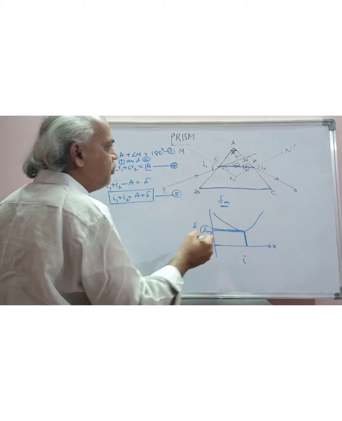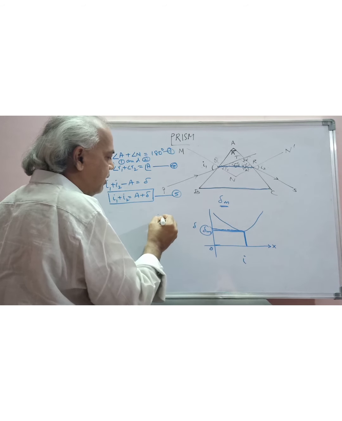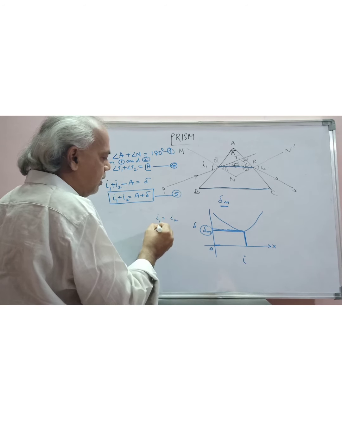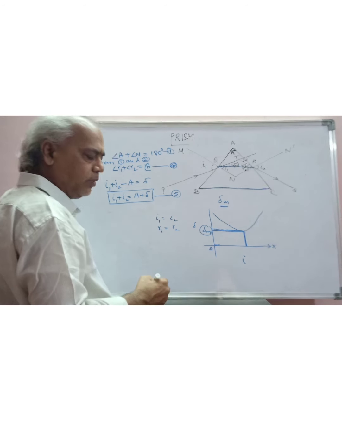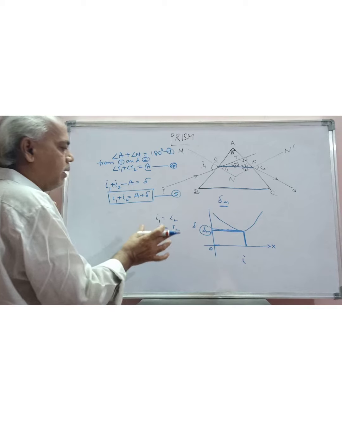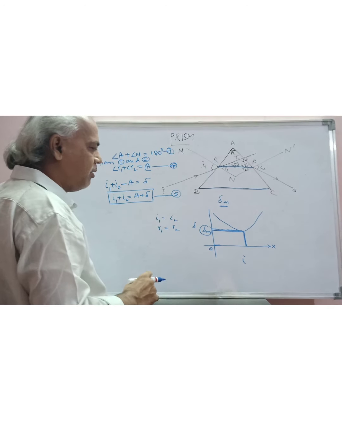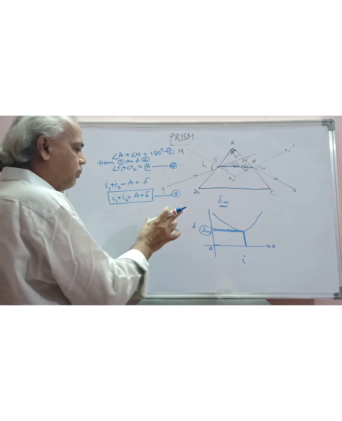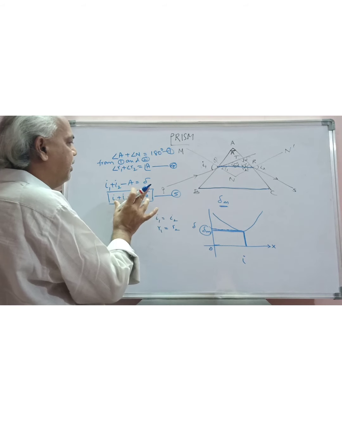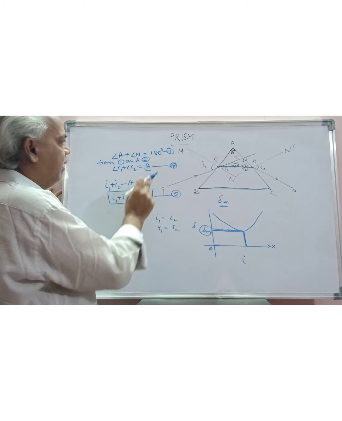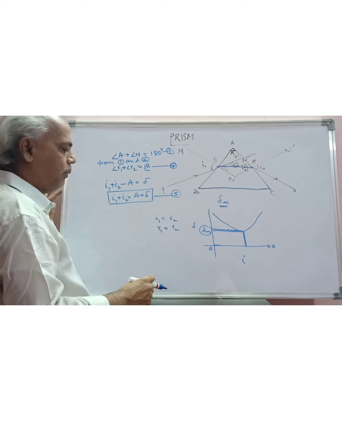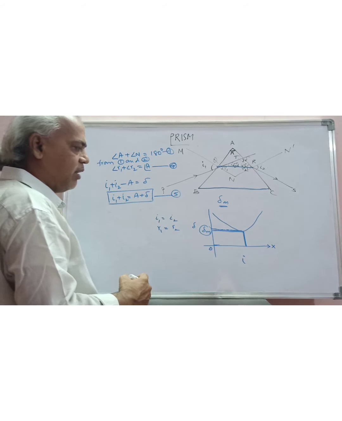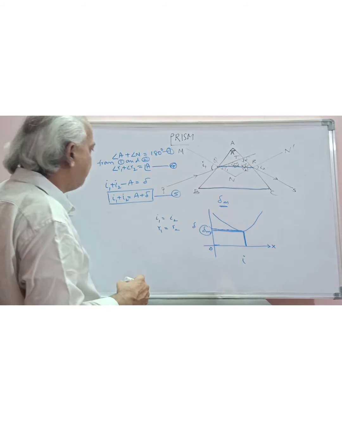In this situation, I1 is equal to I2 and R1 is equal to R2. So, at the minimum deviation position, we substitute these values in equations 4 and 5.